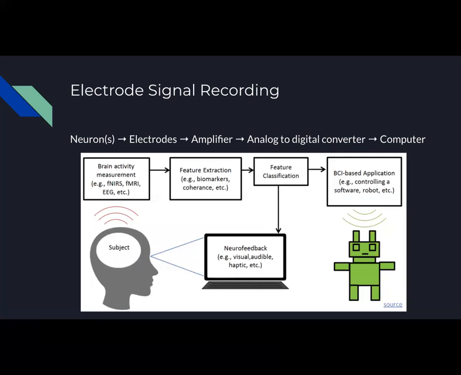And after amplification, you want to convert the signal to a digital form. Instead of being analog, it becomes a binary number that can be stored in a computer. And with that data, we can start doing interesting things like controlling robots or maybe affecting something that happens in the computer, such as moving a mouse.